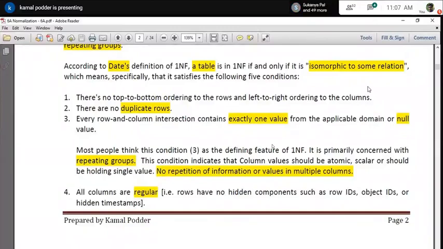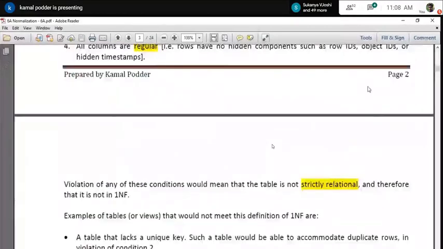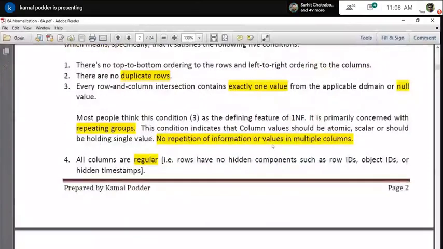What is the meaning of isomorphic to some relation? Actually, he is saying that it should follow this condition. What are those conditions? There is no top to bottom ordering of rows, and no left to right ordering of the columns. That means when you are creating a relation in the relational database, that means a table, there is no meaning of ordering of rows or columns.